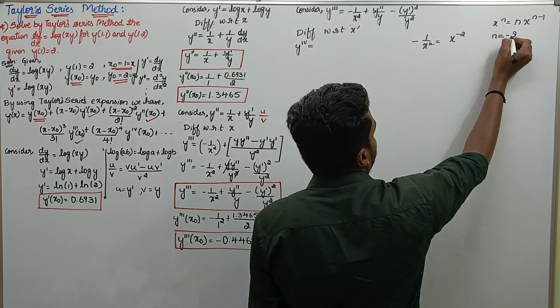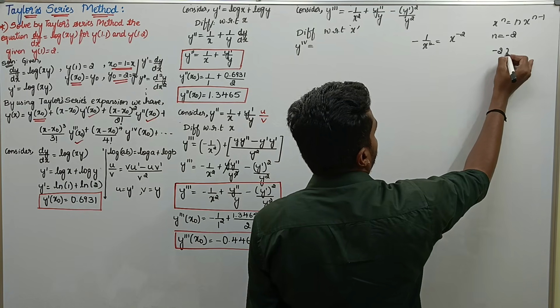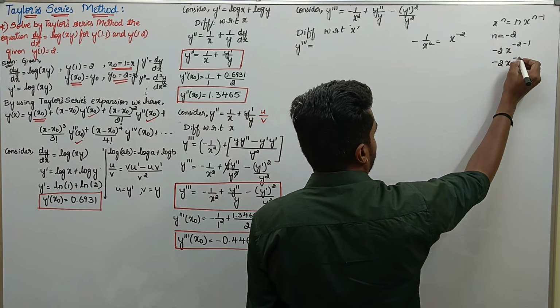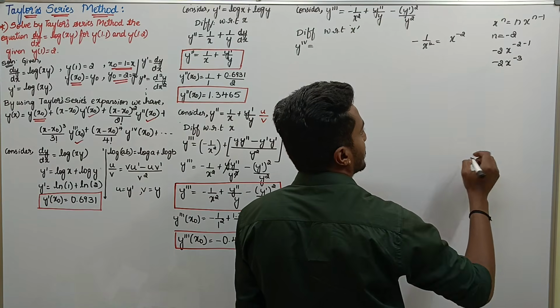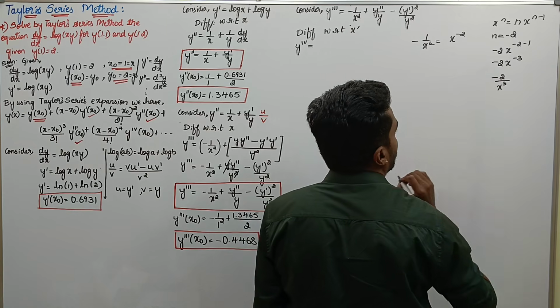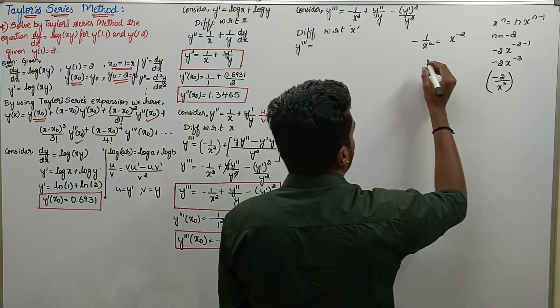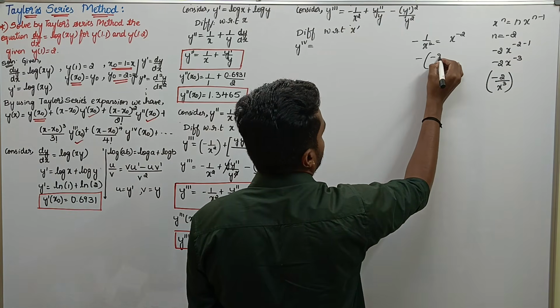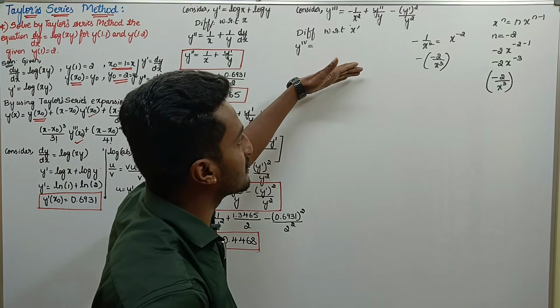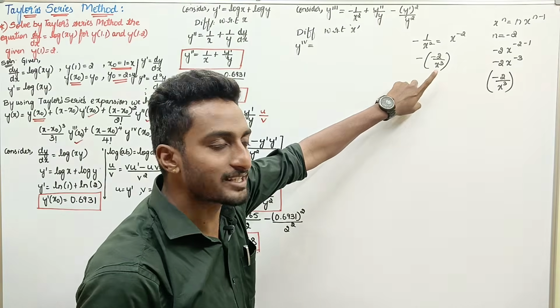Now n is minus 2, so minus 2 into x to the power of minus 3. X to the power of minus 3 you can write as 1 by x cube. The differentiation of 1 by x square is minus 2 by x cube.